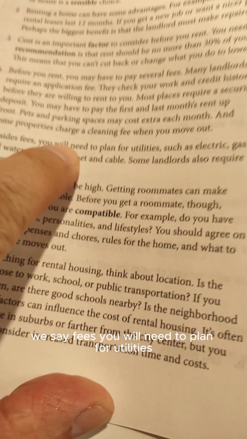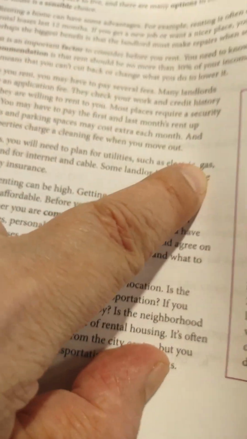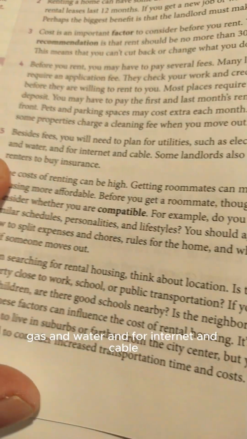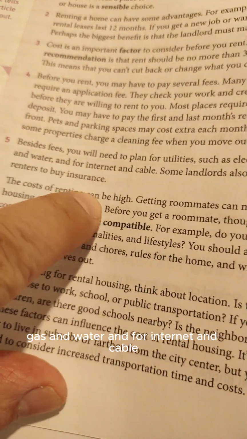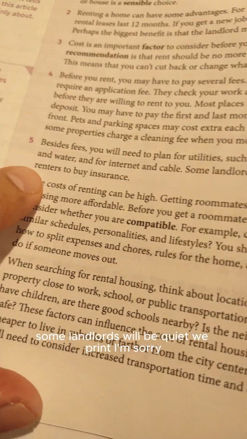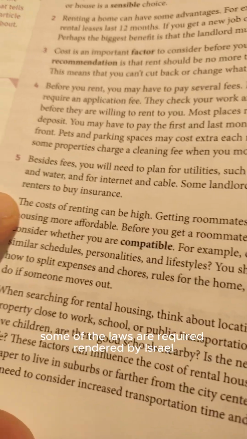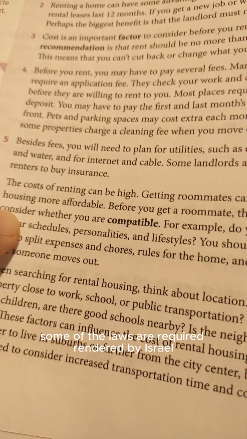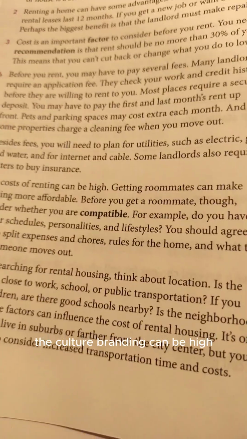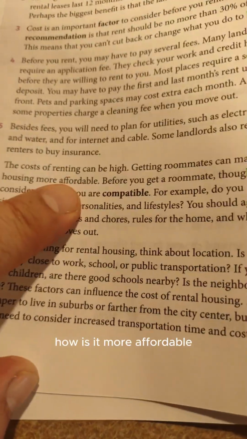Besides fees, you will need to plan for utilities such as electric, gas, and water, and for internet and cable. Some landlords also require renters to buy insurance. The cost of renting can be high. Getting a roommate can make housing more affordable.